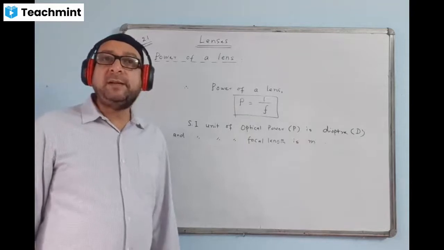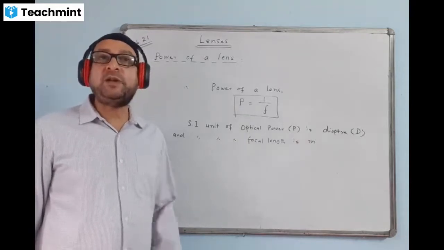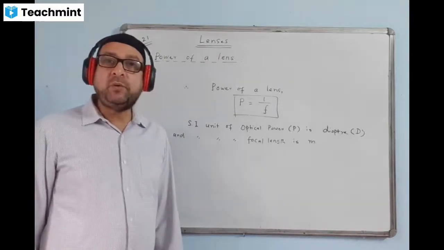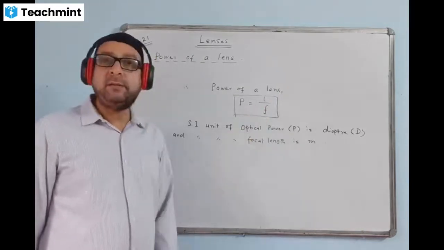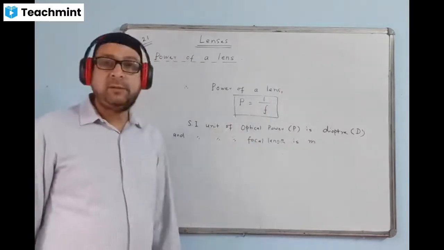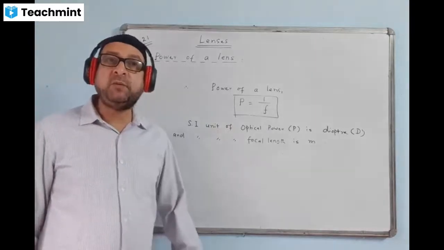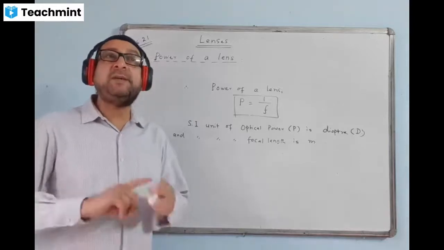If it is 20 centimeter focal length, then the value in meter will become 20 divided by 100, 0.2. Focal length will be 0.2 meter, and then calculate power: 1 upon 0.2, and then you will get the answer. It is compulsory to change the focal length into meter.